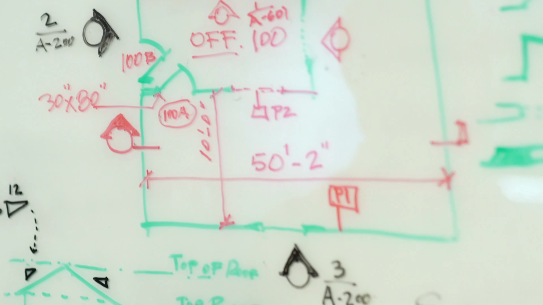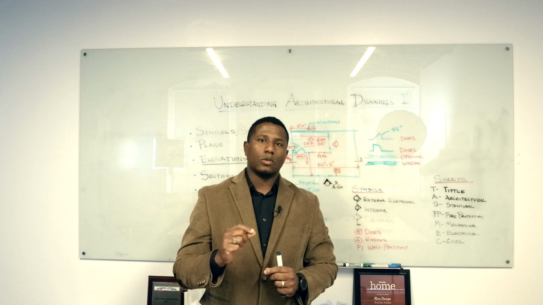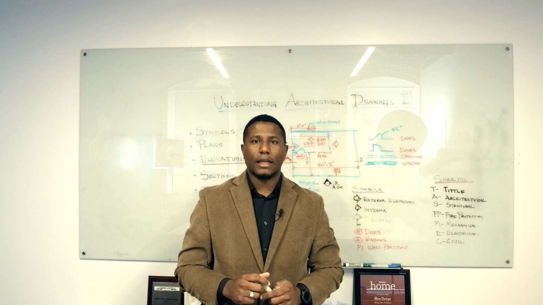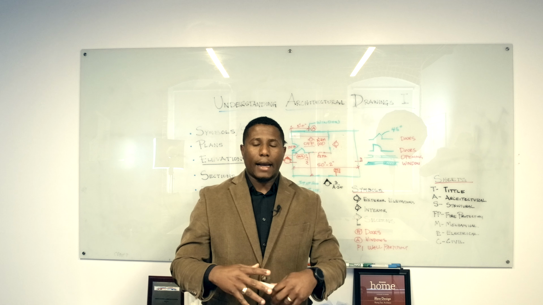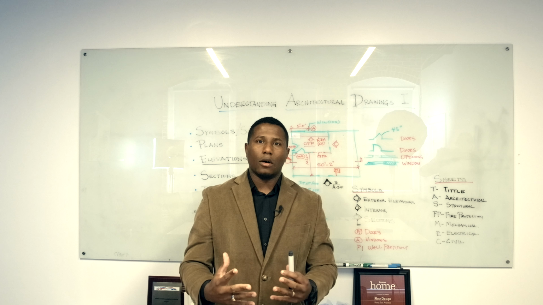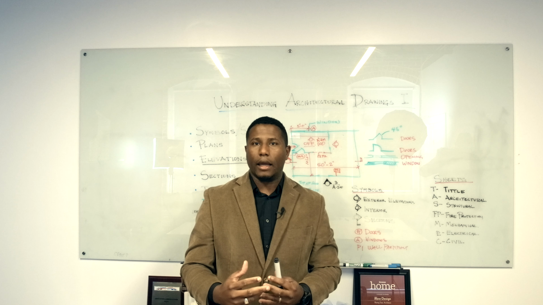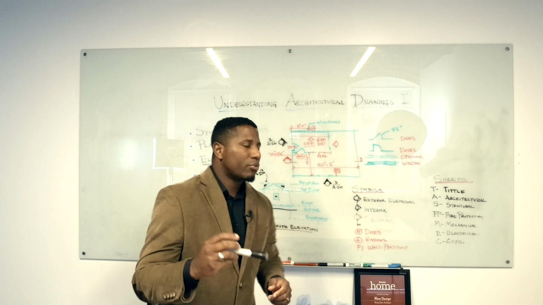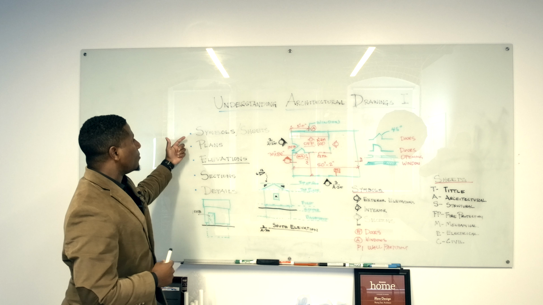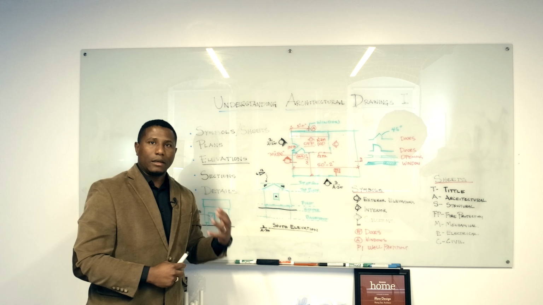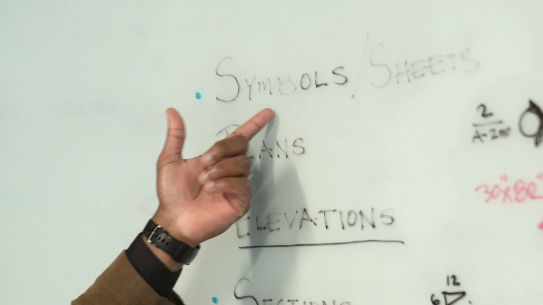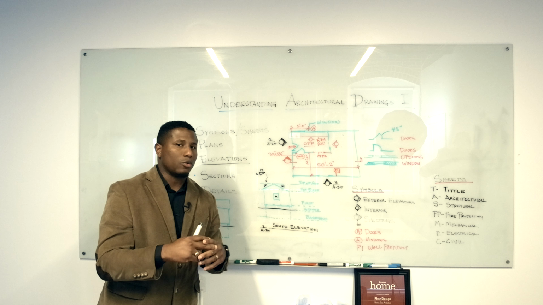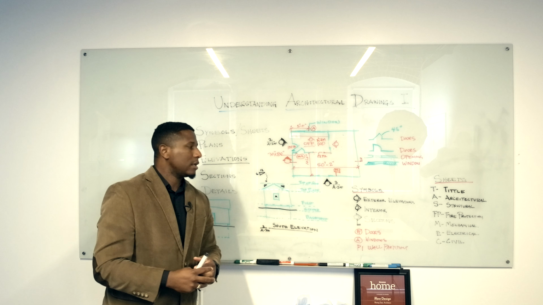In this series, our focus and attention is to discuss the basic items that you need to understand in order to get a broad sense of architectural drawings, structural drawings, mechanical drawings, and things like that. In the previous video, we discussed symbols, the importance of symbols and their relationship with sheets within the permit set of drawings or architectural set of drawings.